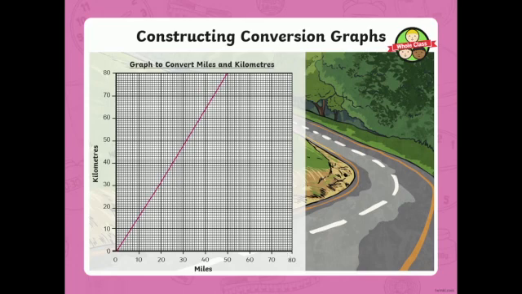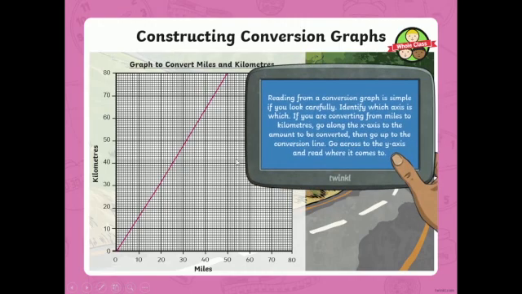If I find 5 miles and follow it up, you can see it's roughly equal to 8 kilometres. All this chart does is take it over longer distances. So it's gone up to 50 miles, so 10 times 5, and then 10 times 8 is 80, so 50 miles is roughly equal to 80 kilometres.